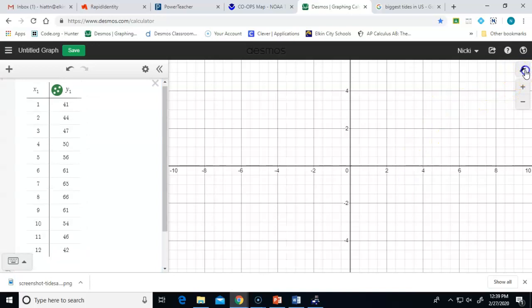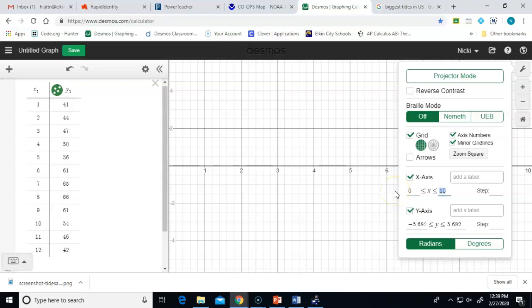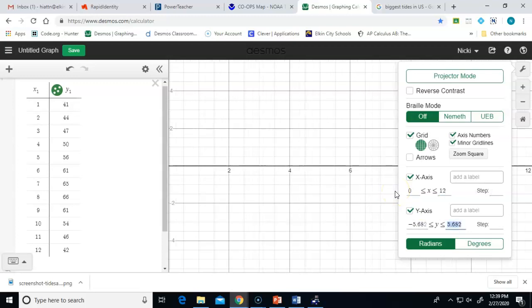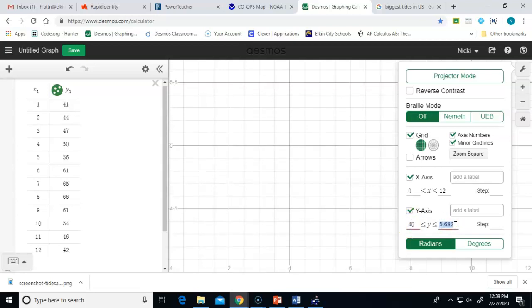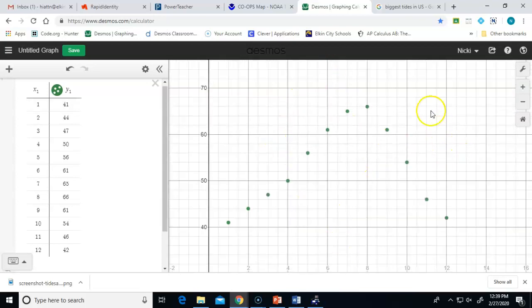Okay, so if we change this, let's see, we go from 0 to 12, and then let's go from like 40 to 70. So you see the graph there.